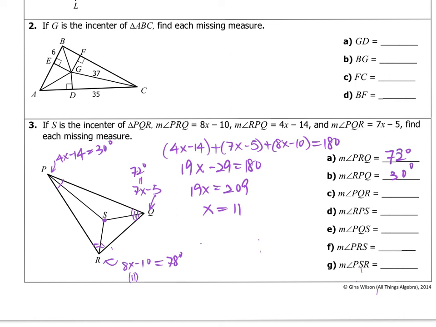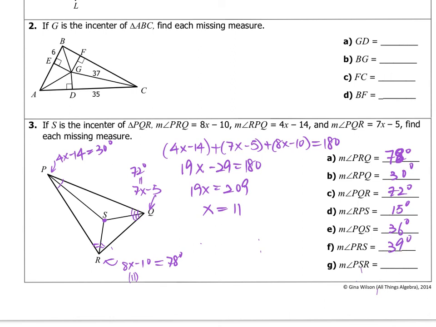Sorry, I made a mistake here. This one is 78, it's PRQ. PQR is 72. I read it wrong. And RPS should be half because of the angle bisector. PQS is 36. PRS, by the same theory, is 39.